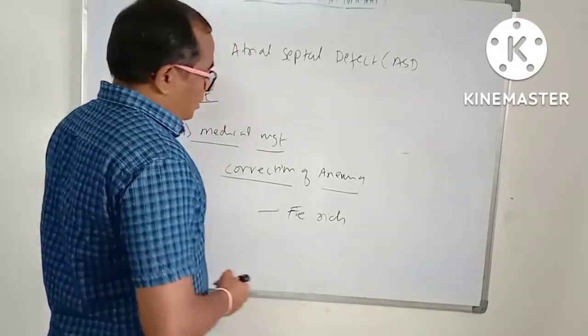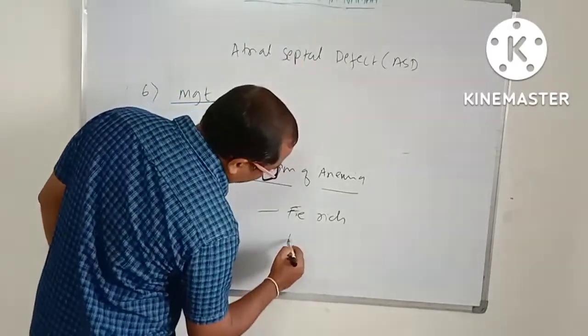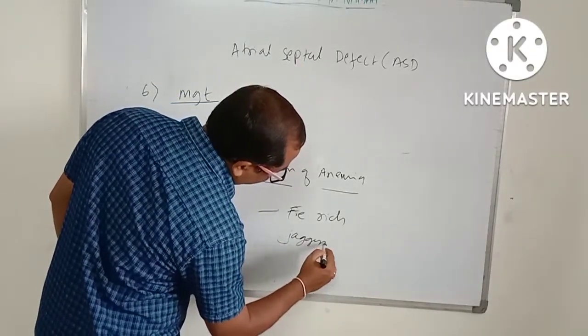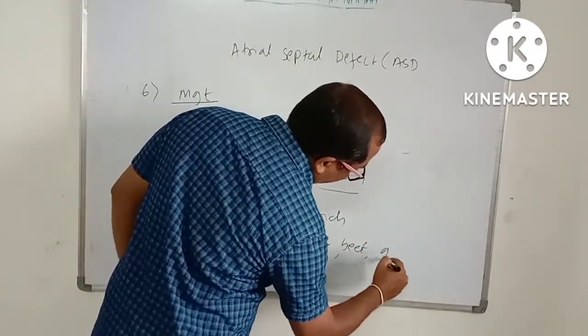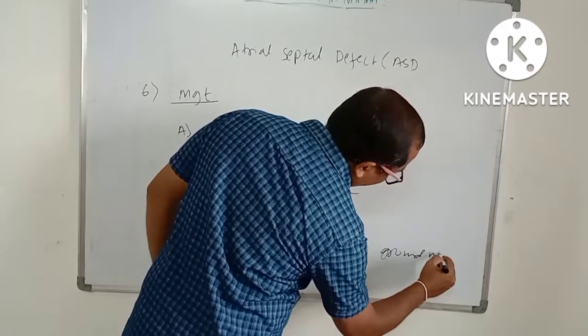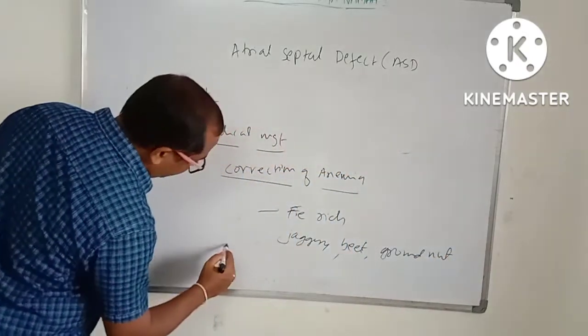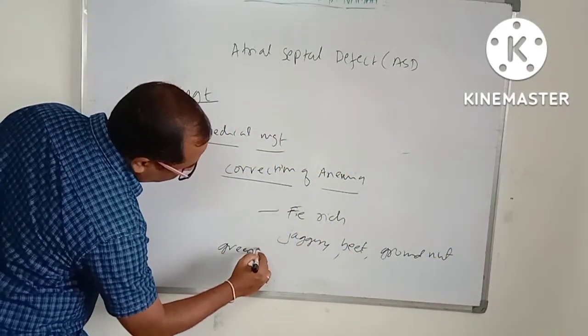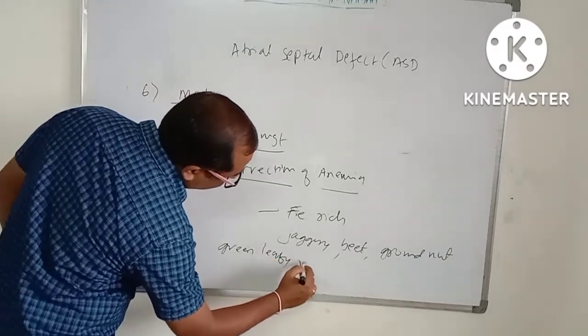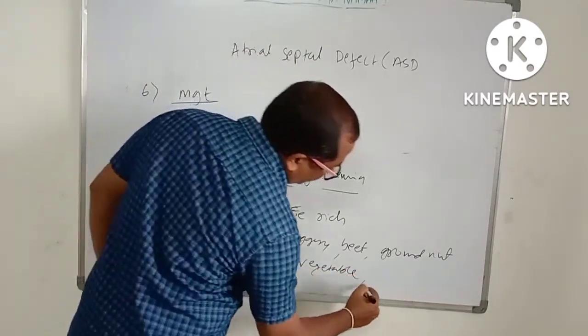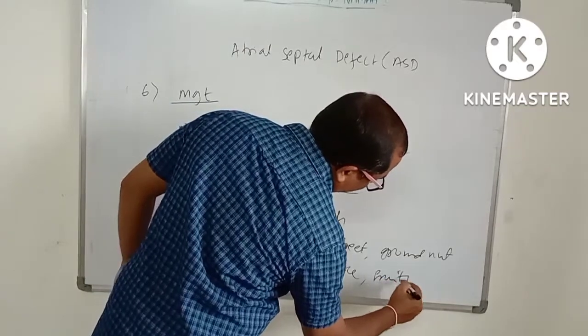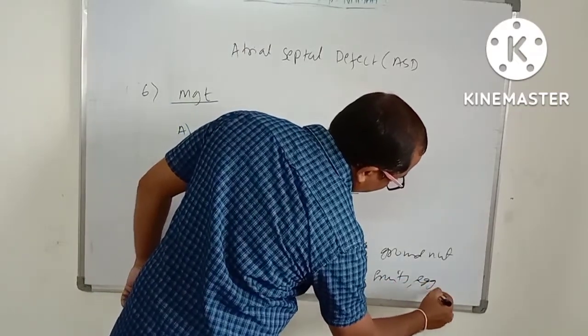That is jaggery, beetroot, groundnut, green leafy vegetables, fruits, egg, meat.